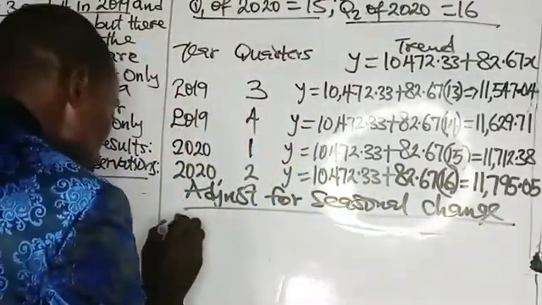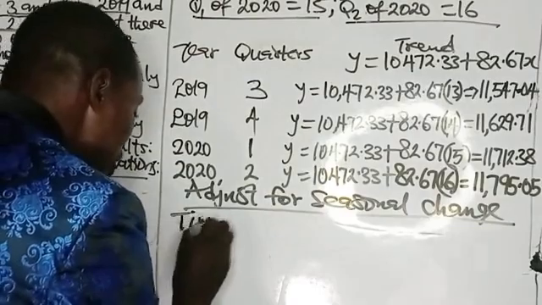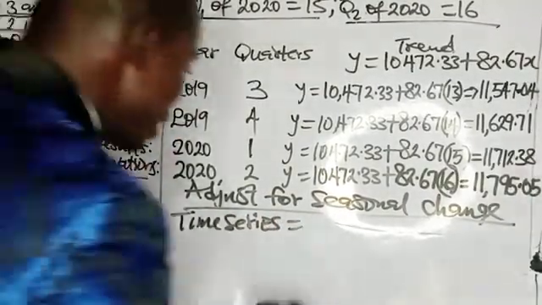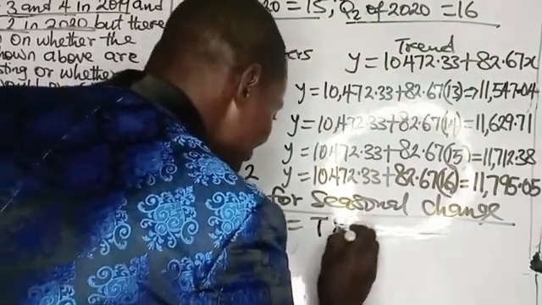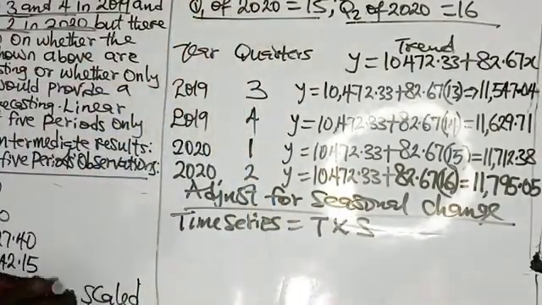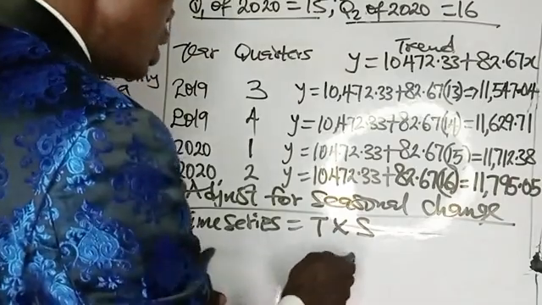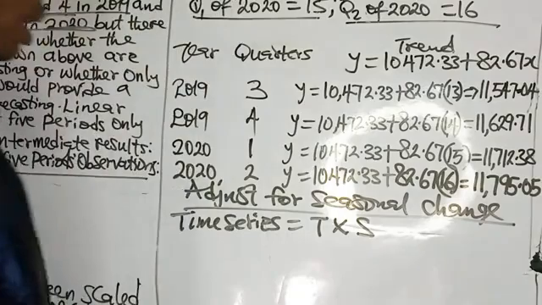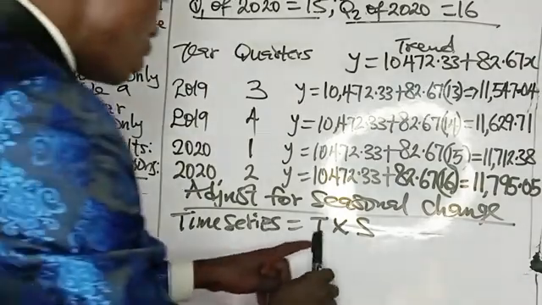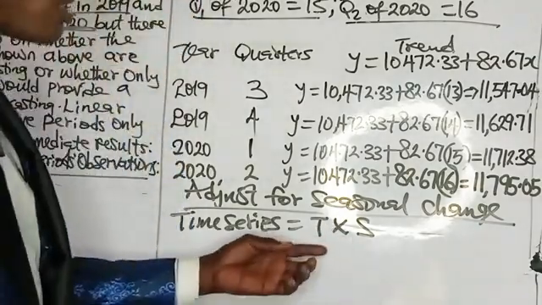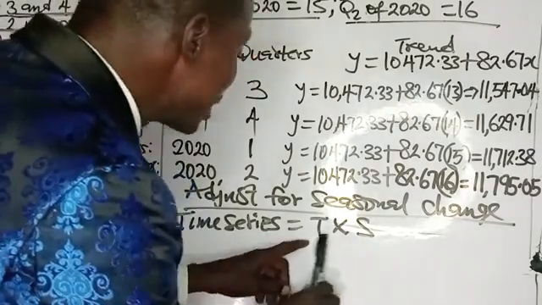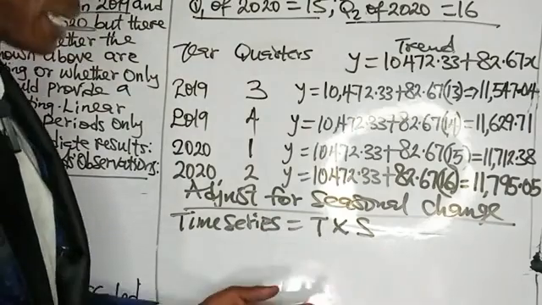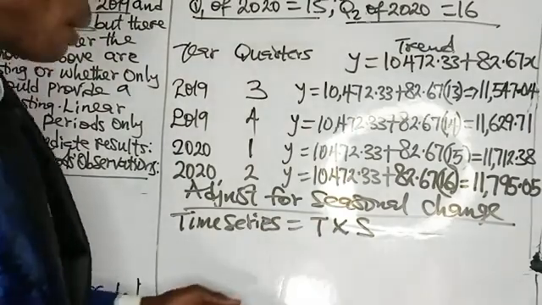Remember, I've told you the time series value, if you have watched my earlier presentation, is equal to trend times seasonal variation. That is, if you are using the multiplicative model, it will be T times S. And I told you that the multiplicative model is appropriate where the seasonal variation is given in percentage or a decimal number.